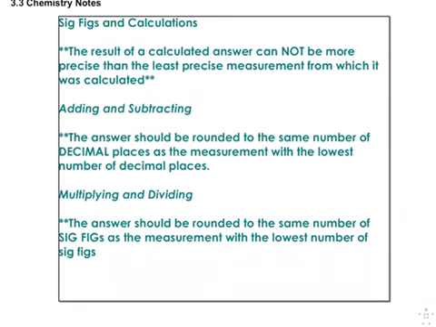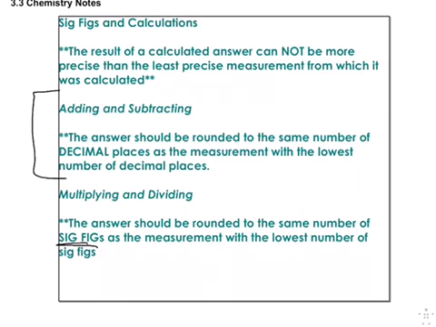So here are the 2 rules. For adding and subtracting, the answer should be rounded to the same number of decimal places as the measurement with the lowest number of decimal places. And then multiplying and dividing, the answer should be rounded to the same number of sig figs as the measurement with the lowest number of sig figs.